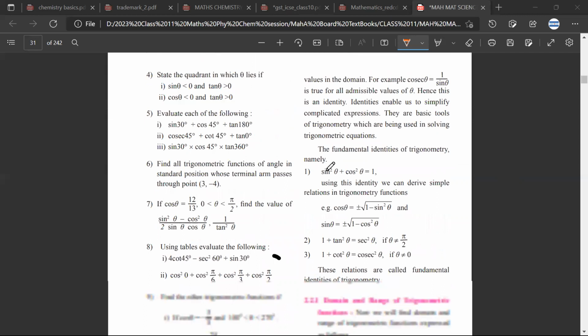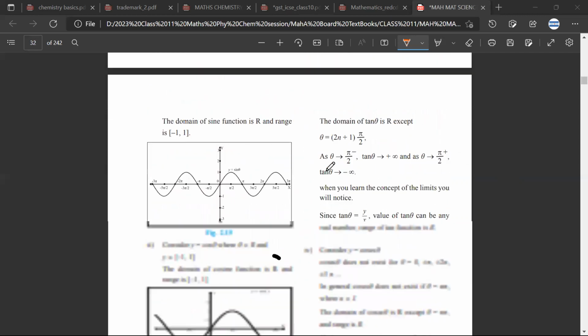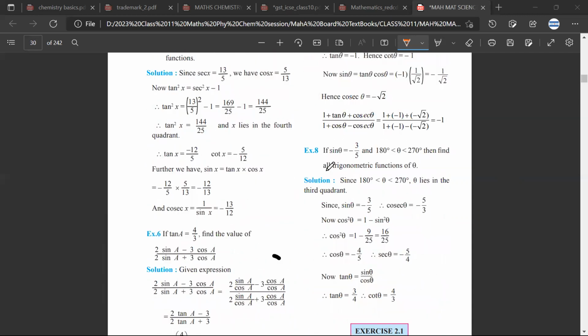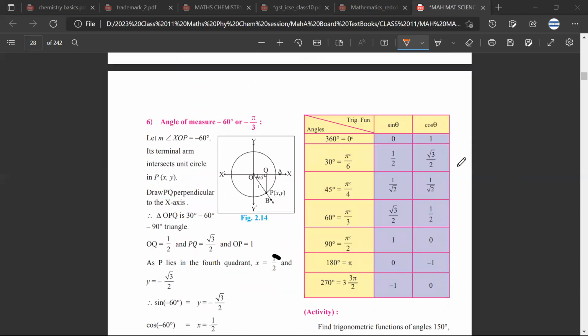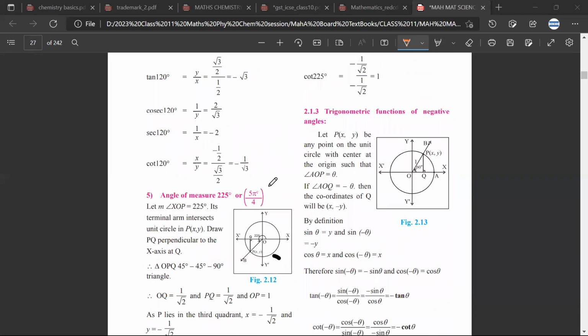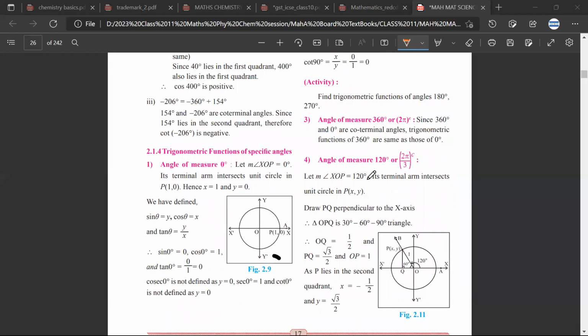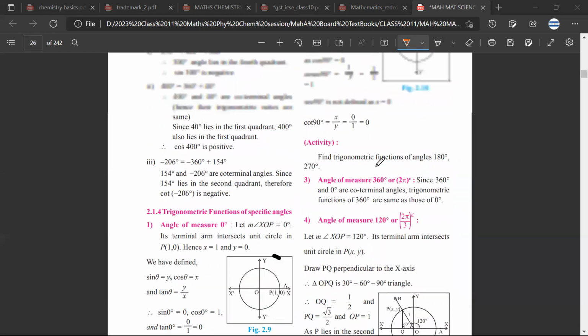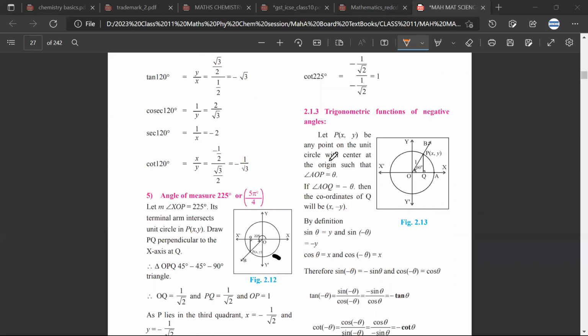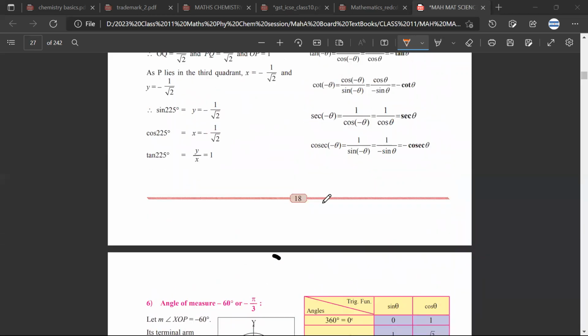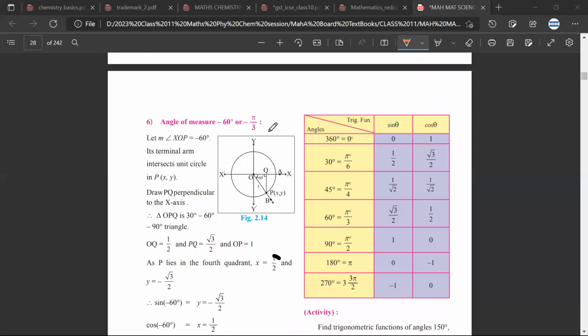Basically, we'll be doing questions like: find the sine, cos, tan of 120 degrees; find the sine, cos, tan of 225 degrees; sine, cos, tan of bigger angles and minus 60 degrees.